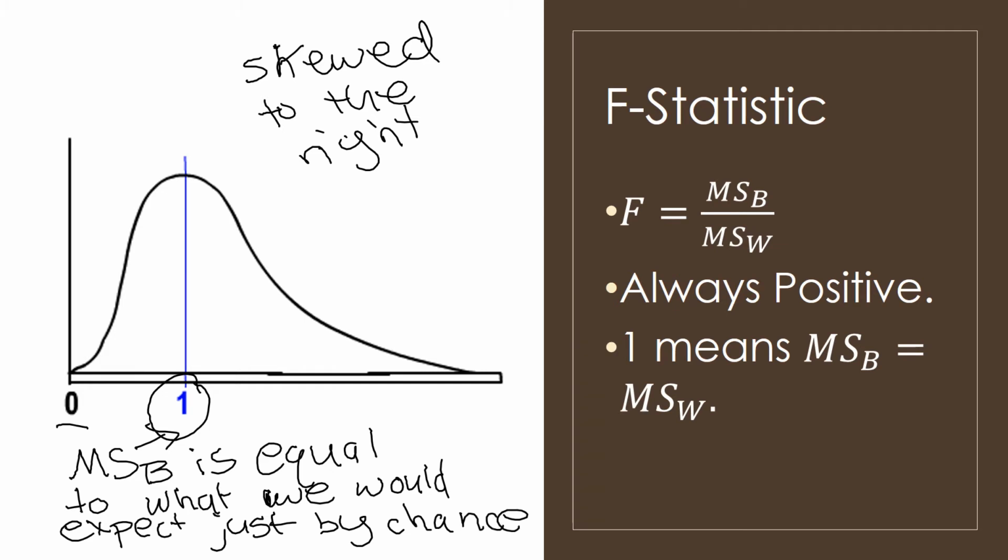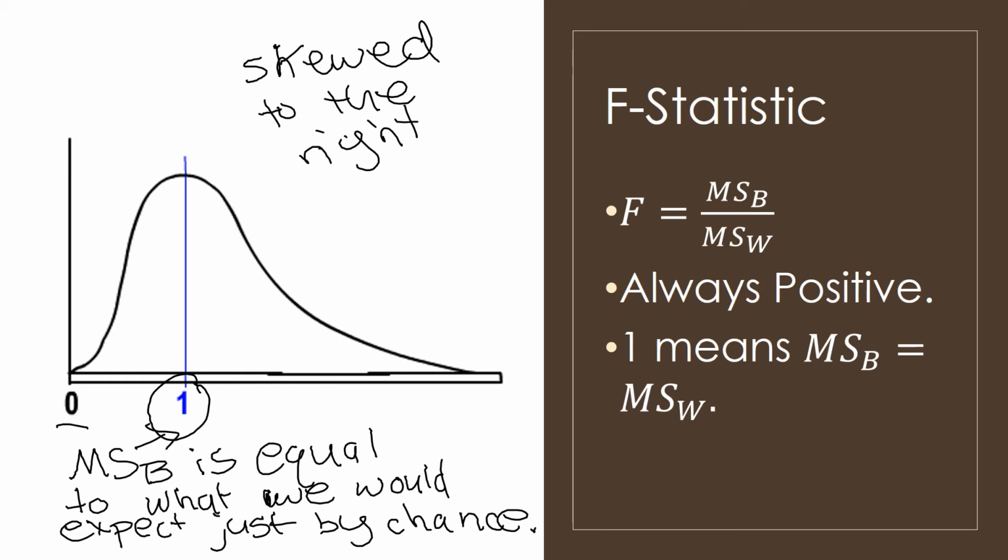So what I mean by that is, say in reality the population means are equal to each other, and we randomly select 3 sample means from those 3 populations with equal means. Right? When we're sampling, the sample means aren't going to be exactly what they are in the population because it's just a smaller sample. So just by chance you might get different sample means. It's probably going to happen.